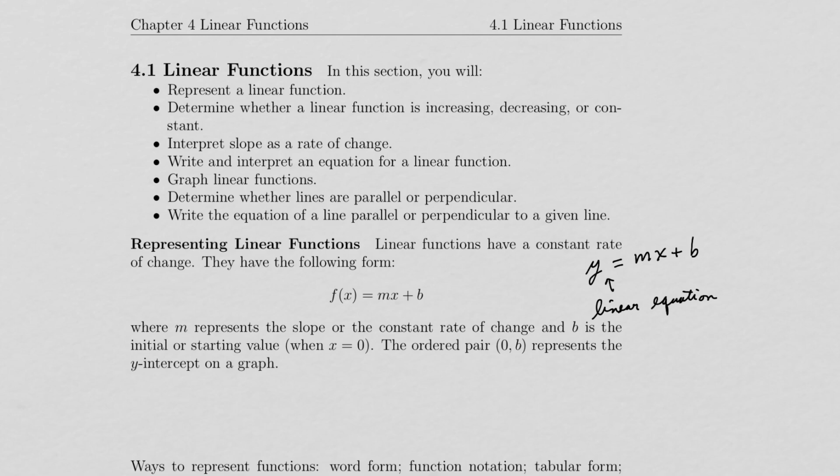So if we replace the y by f of x, we can write it as a function. Basically we're just replacing y by f of x, since this is a function.